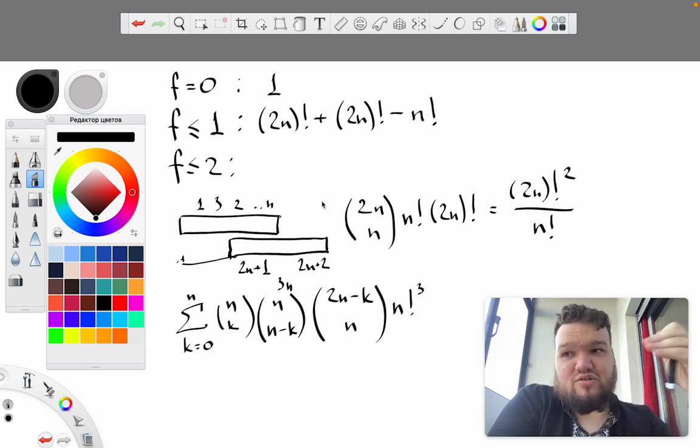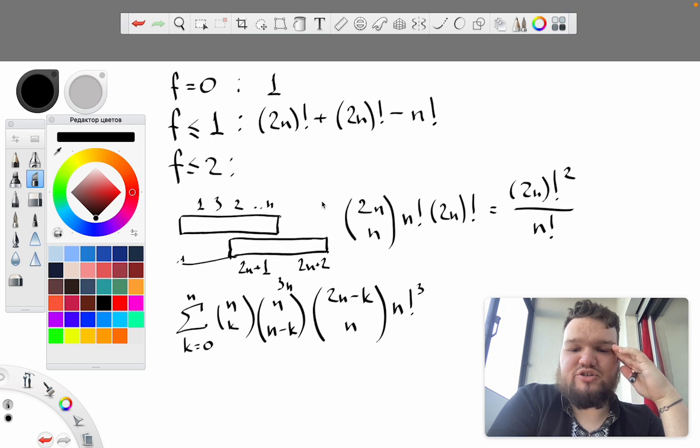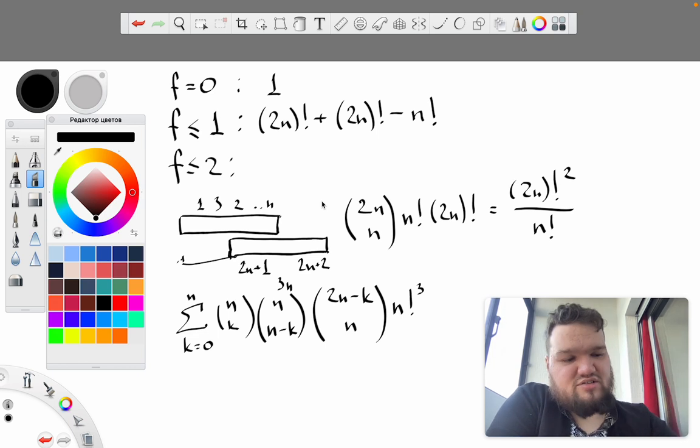And then we easily calculate how many permutations need exactly 3, exactly 2, exactly 1, and exactly 0 operations, and then just calculate the answer. But I'm interested if I can do it better.